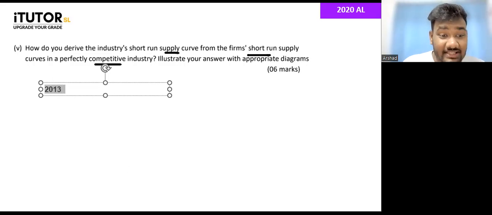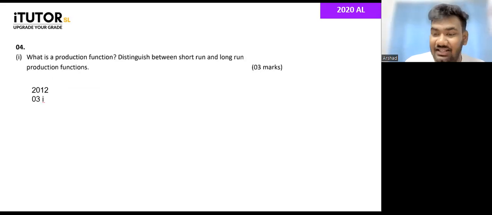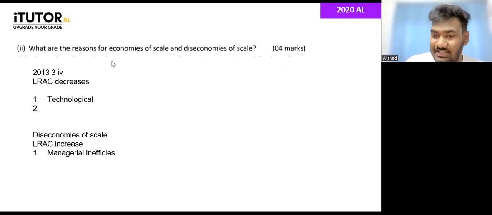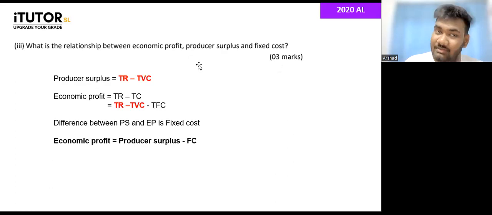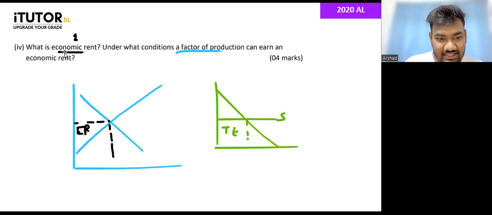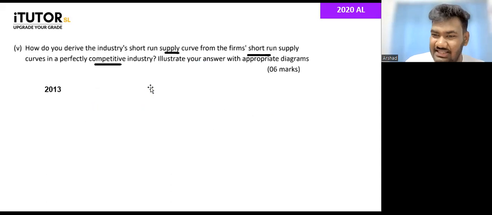Okay, that's the 2020 A-level paper. They asked you about the third question, part 2: production function, economies and diseconomies of scale, the relationship between these, and economic rent. This paper was a little harder than the previous paper.